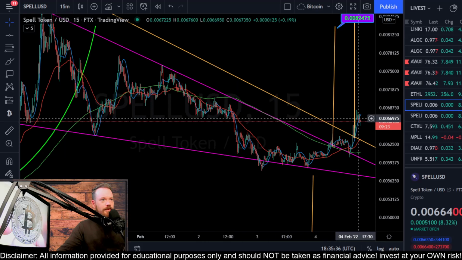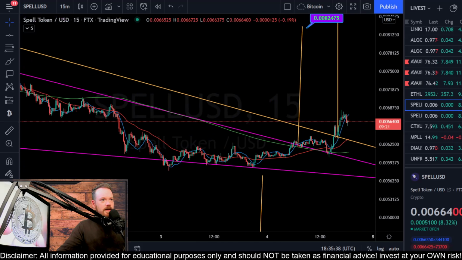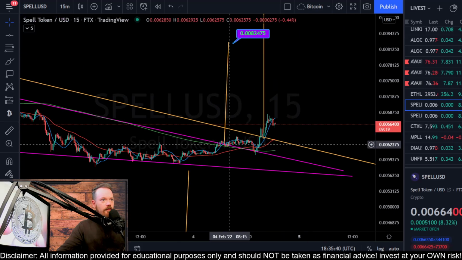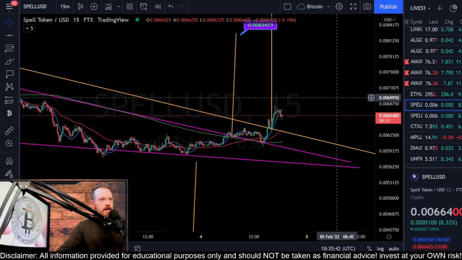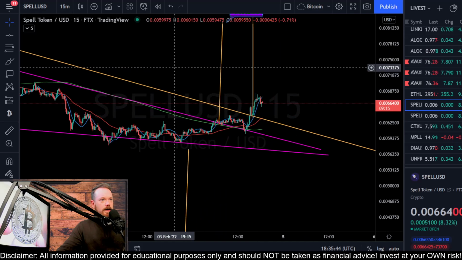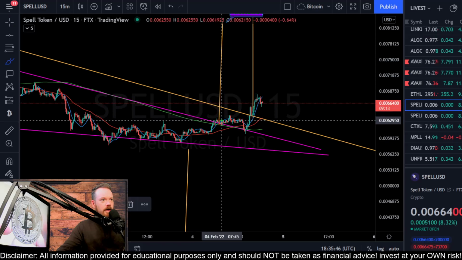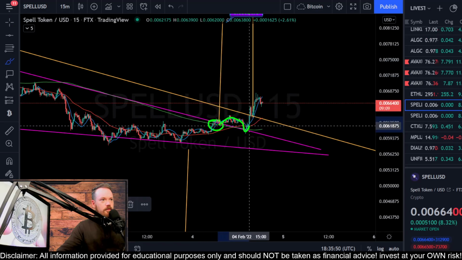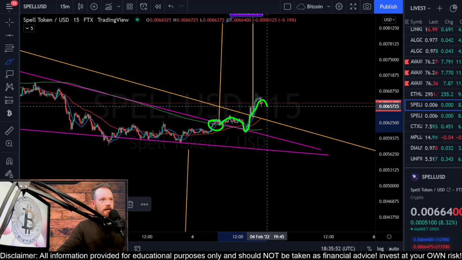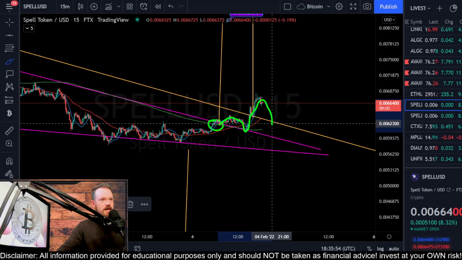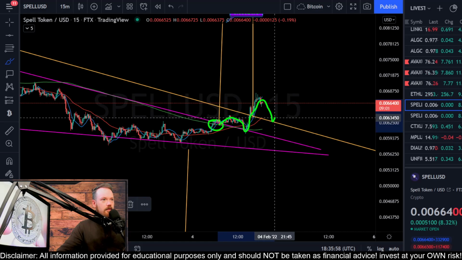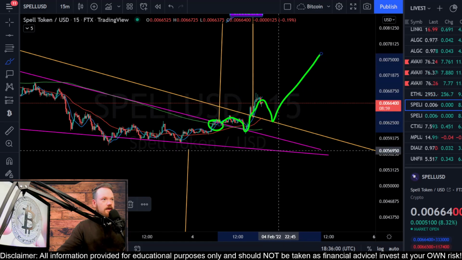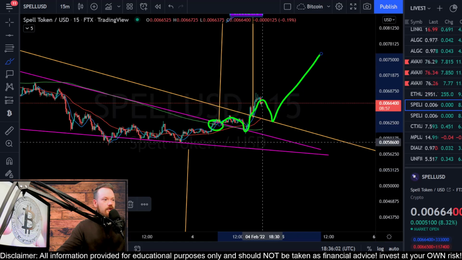What I would expect at this point, considering you have broken out of both patterns here, is the possibility, just as you did right here after breaking this pattern, that you came up and pulled back down to test that breakout for support. Same thing could potentially happen here in the short term. You could pull back down to test that support at about 0.0062, test that for a bounce, and then have a continuation move to the upside for Spell Token.